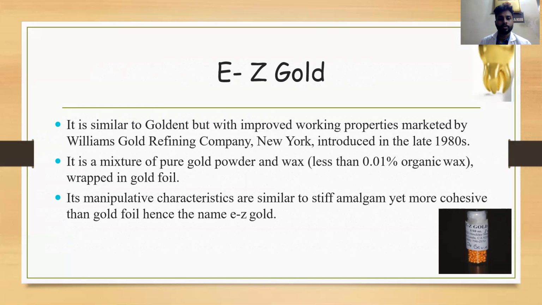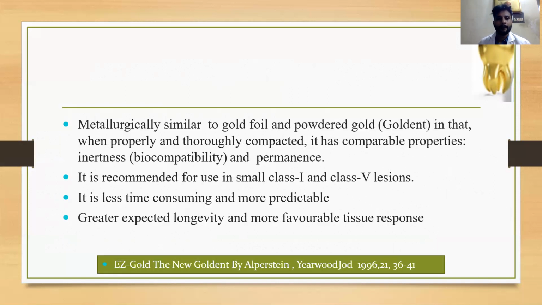Easy Gold. Easy Gold is similar to Goldent, but with improved working properties, marketed by Williams Gold Refining Company in New York, introduced in the late 1980s. It is a mixture of pure gold powder and wax, which is wrapped in a gold foil. Its manipulative characteristics are similar to stiff amalgam, yet more cohesive than gold foil, hence the name Easy Gold.